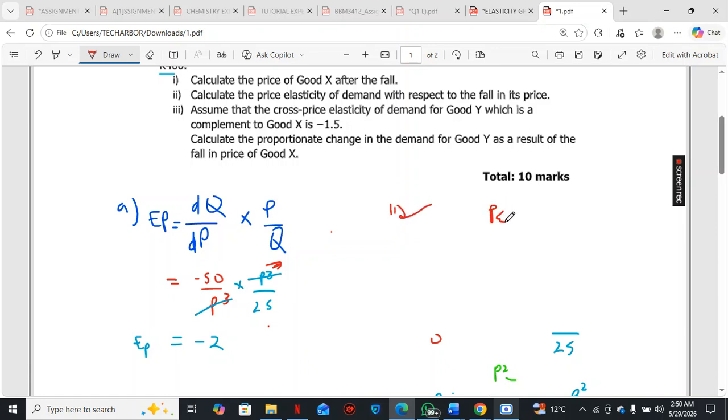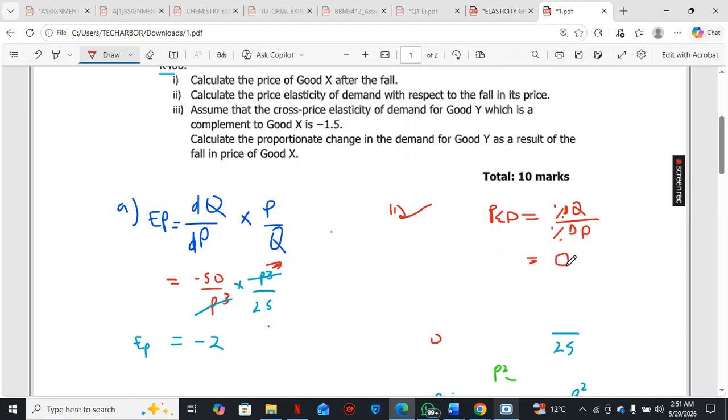Price elasticity of demand equals percent change in quantity demanded over percent change in price. How do we get percent change?